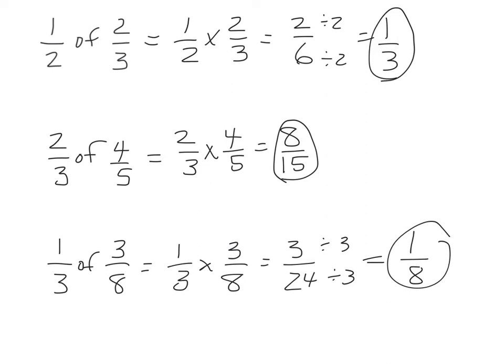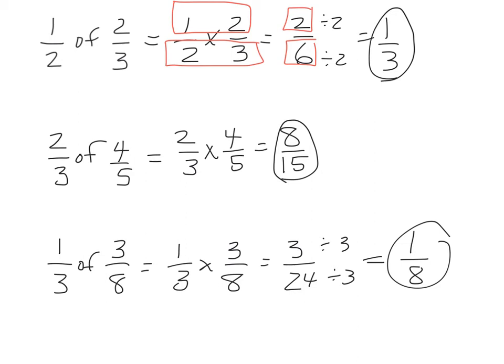In these number representations of our models, what's really happening is we're taking 1 times 2 to get our top number, and we're taking 2 times 3 to get our bottom number. We're simply multiplying the numerators to get the numerator and multiplying the denominators to get the denominator, and then we're finding the greatest common factor to simplify it down to 1/3.